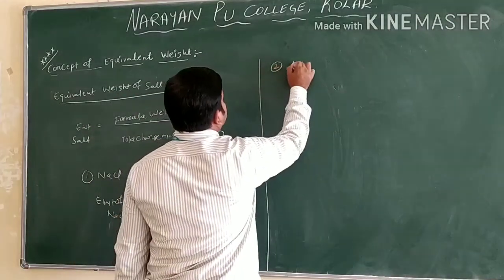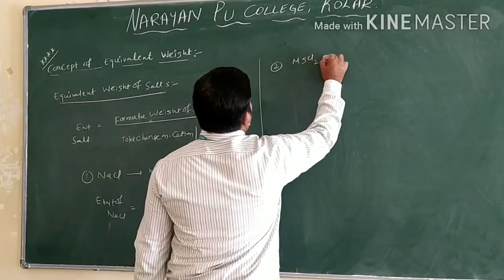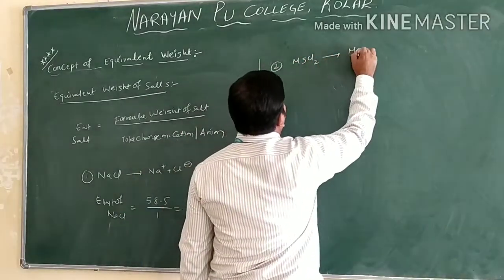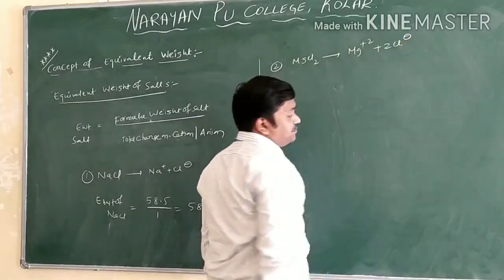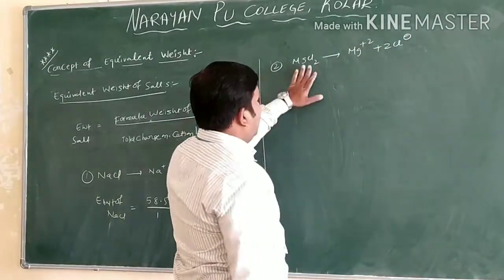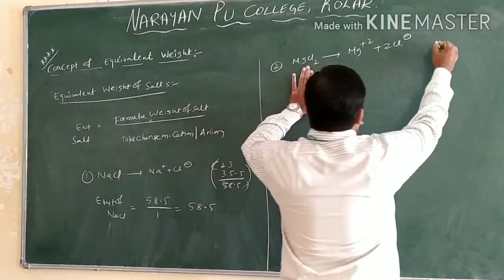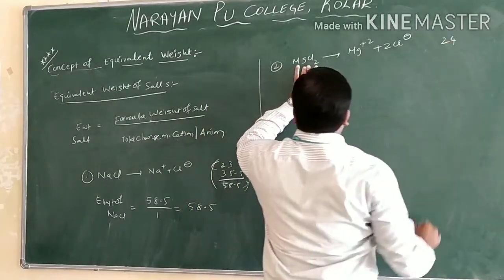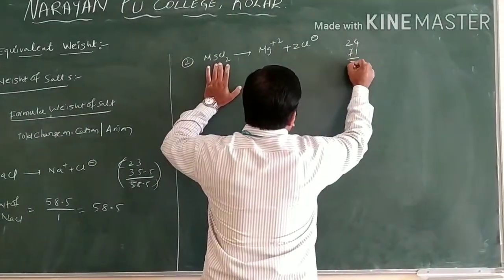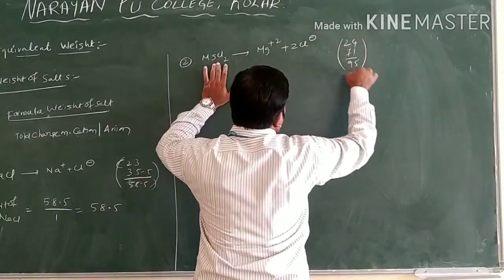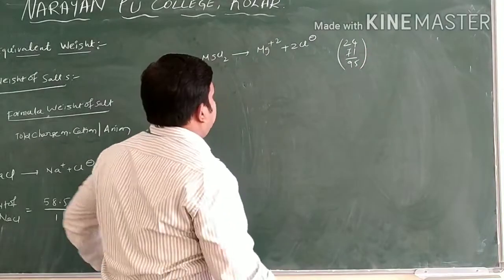Let us take one more example. We have MgCl2. MgCl2 dissociates to give Mg2 plus and 2Cl minus. And you can find out the formula weight: magnesium 24, chlorine 35.5 into 2, 71. The total mass of MgCl2 you will get is 95 only.